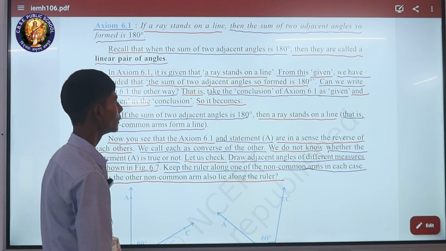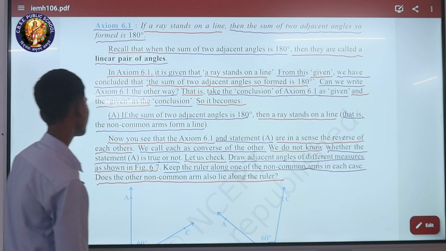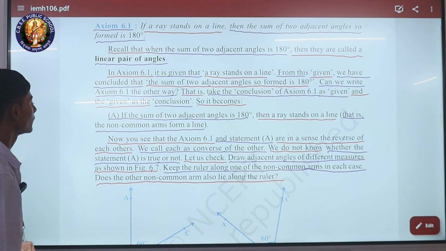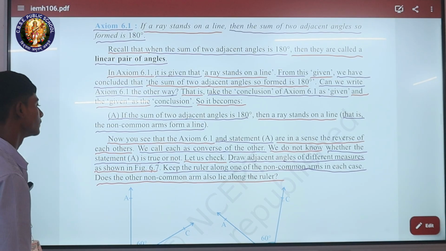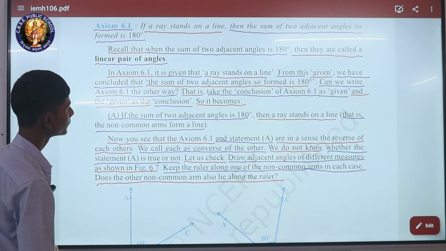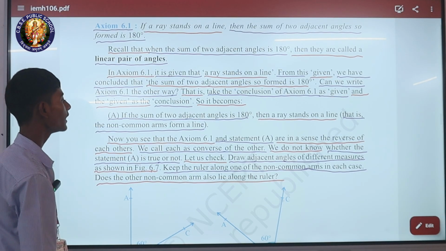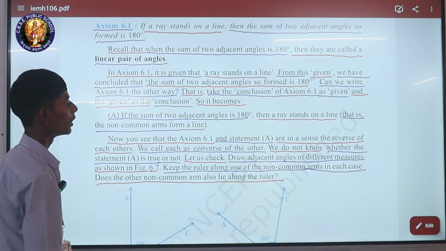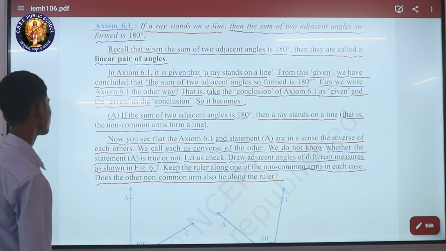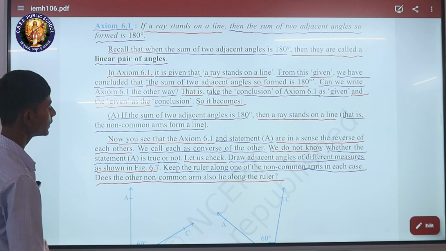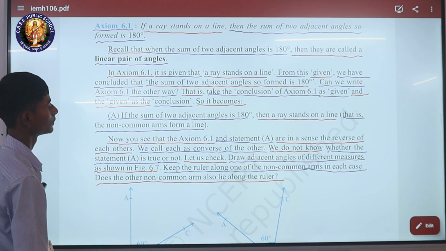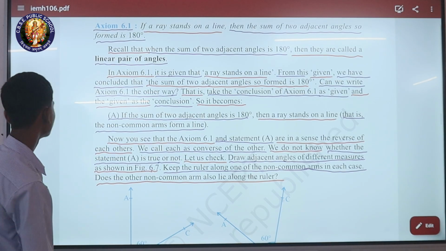We do not know whether statement A is true or not. Let us check. Draw adjacent angles of different measures as shown in Figure 6.7. Keep the ruler along one of the non-common arms in each case.